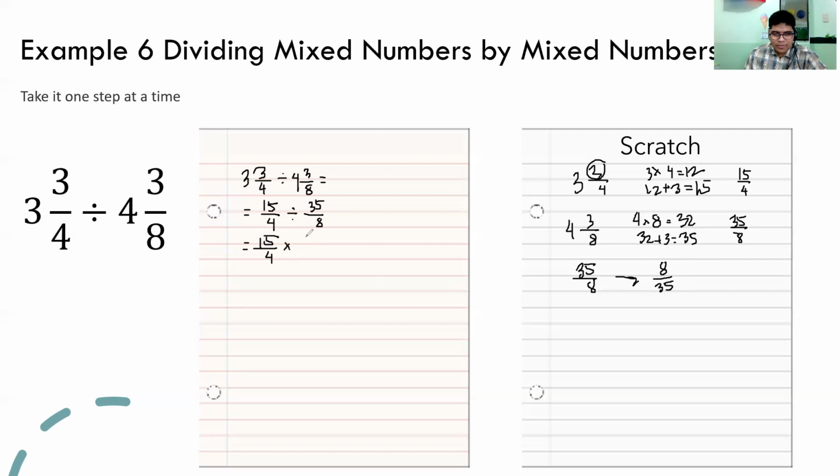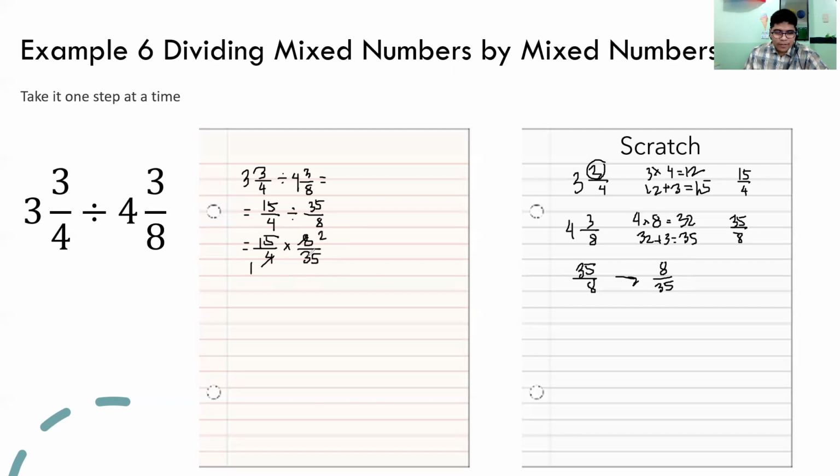Multiply now because we already took the reciprocal. And let's see if we can find some common factors. Both 4 and 8 have the GCF of 4. We can divide both of them by 4. 4 divided by 4 is 1, and 8 divided by 4 is 2.